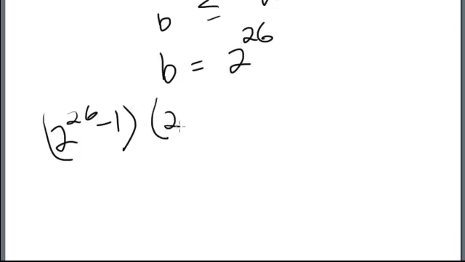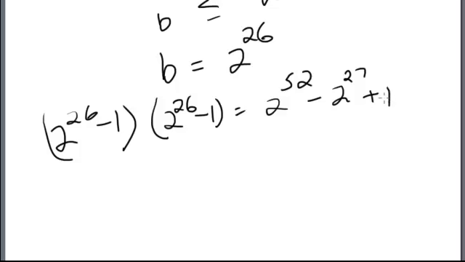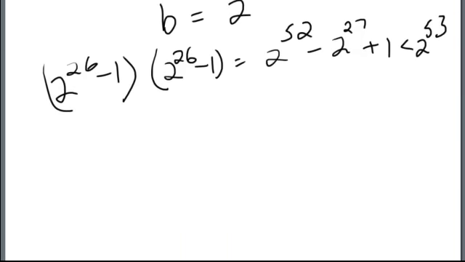If we multiply that by 2 to the 26 minus 1, we get 2 to the 52 minus 2 times 2 to the 26, which is 2 to the 27, plus 1. And that's definitely less than 2 to the 53. So we're good to go. We can multiply in our system and we won't lose any integers. We're safe.